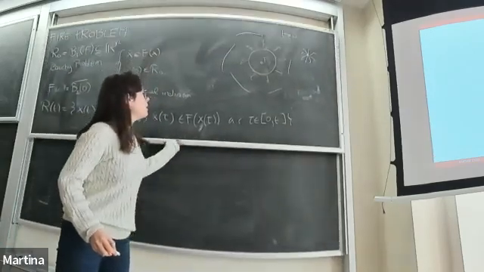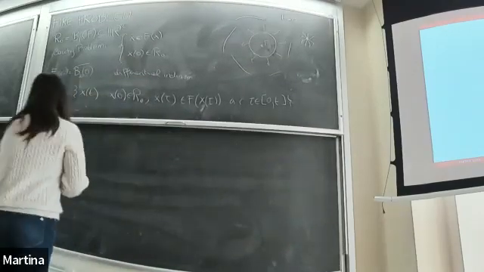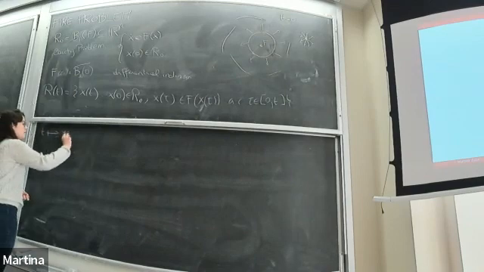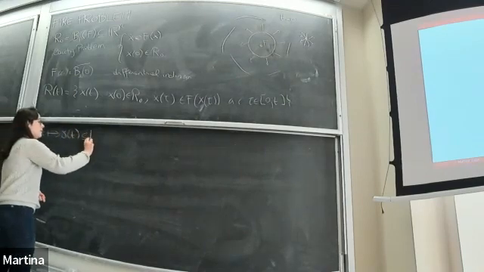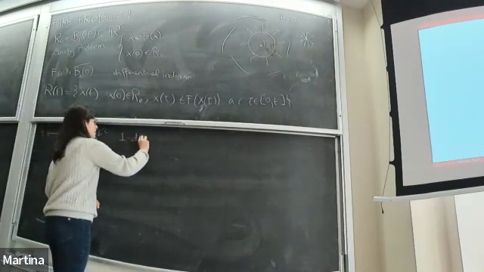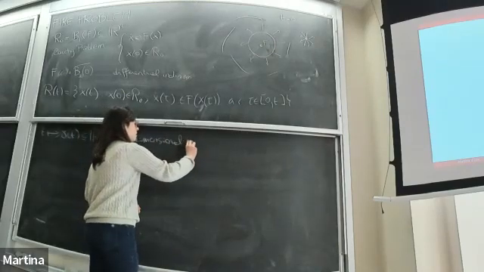What is a barrier? A barrier is a set-valued function t to gamma(t) in R2, which is a one-dimensional rectifiable set.